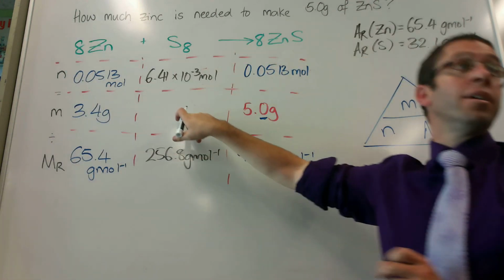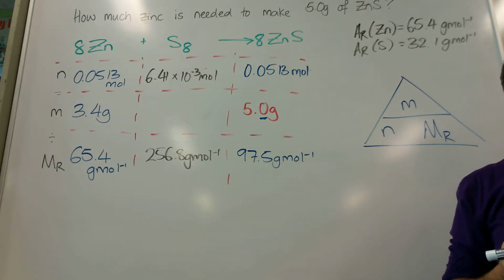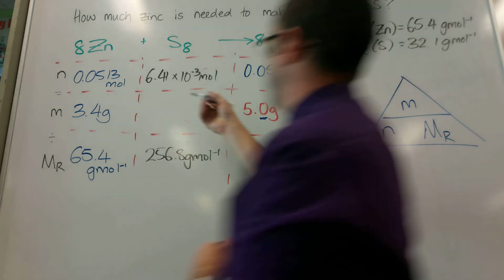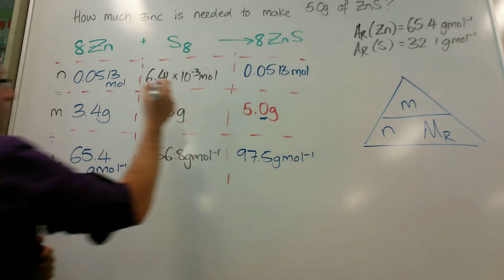And how do I find the thing in the middle? Go M times R. MR. Cool. And so I get basically 1.6 grams. So I'd need 1.6 grams of sulfur.